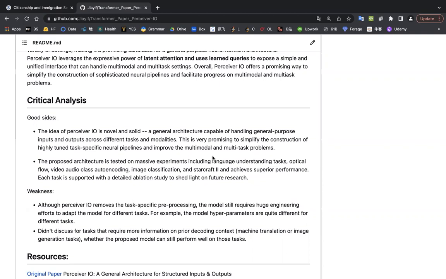Although it removes the task-specific pre-processing, it still requires huge engineering effort to adapt the model to different tasks. And it didn't discuss whether the proposed model can still perform well on tasks that require more information from prior decoding context.